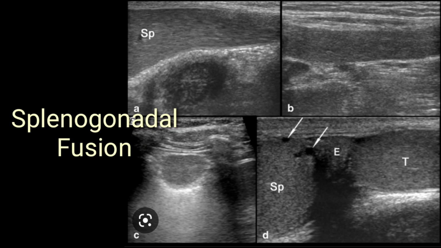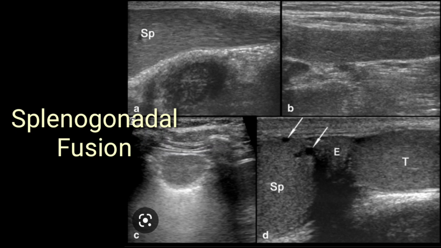Splenogonadal fusion, it's a congenital anomaly. You can see in these 4 ultrasound images that small testicular tissue is attached to the spleen. This is splenogonadal fusion. It is usually seen in male patients when the scrotal compartment is empty.